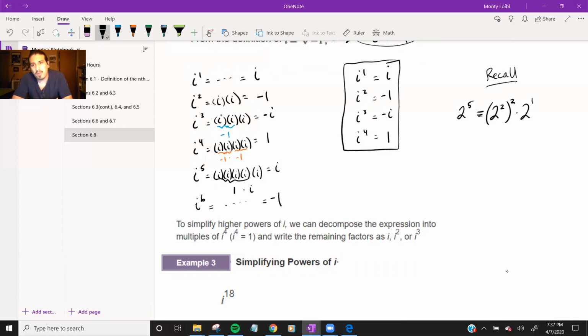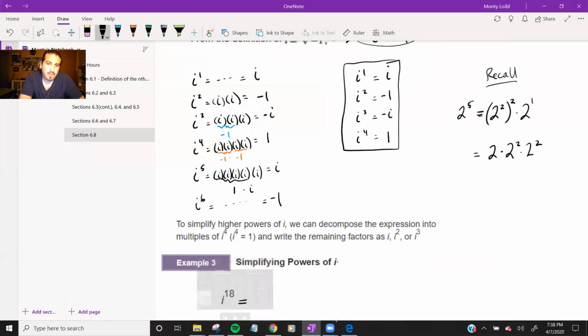Like, you could also write it as 2 times 2 squared times 2 squared. The point is just saying that you can break apart this exponent into a bunch of littler exponents, right? Just to get what we want. Because really what we want to do is decompose it so it's i to the fourth, and then whatever else it could be. So let's look at this example here.